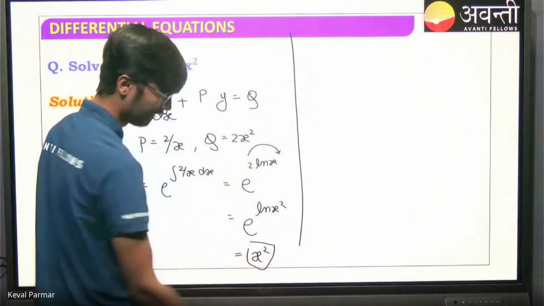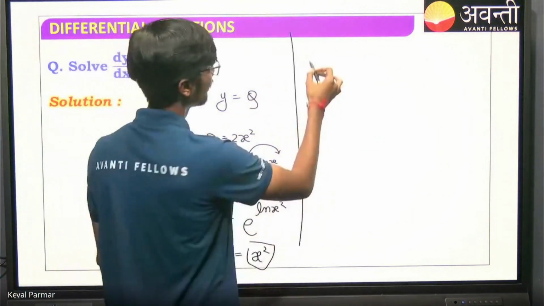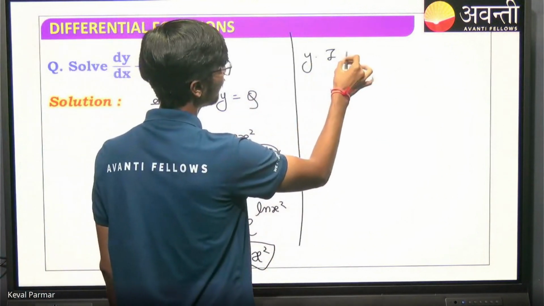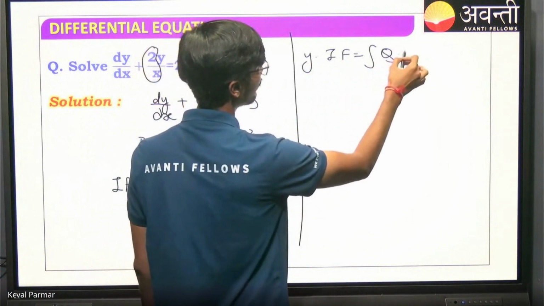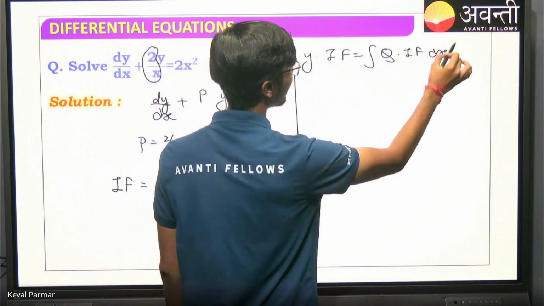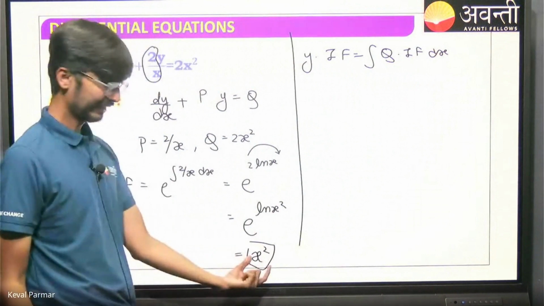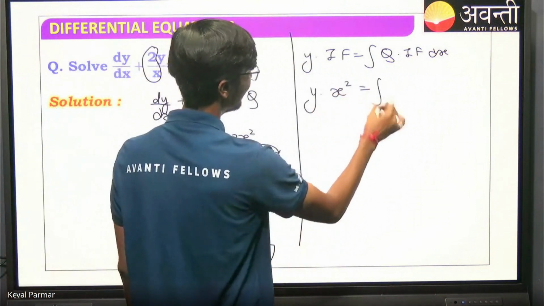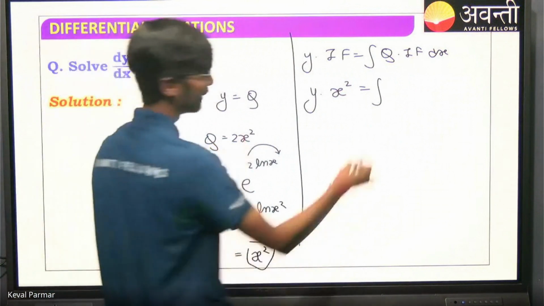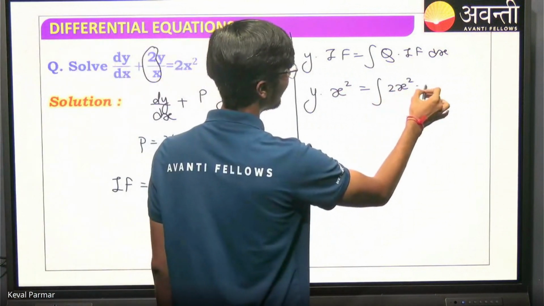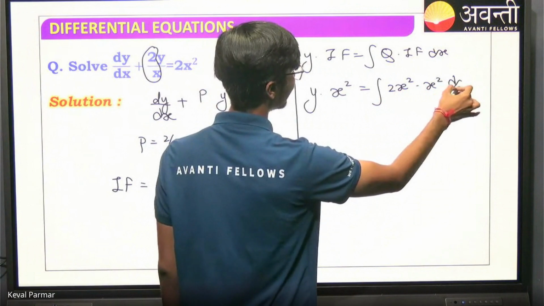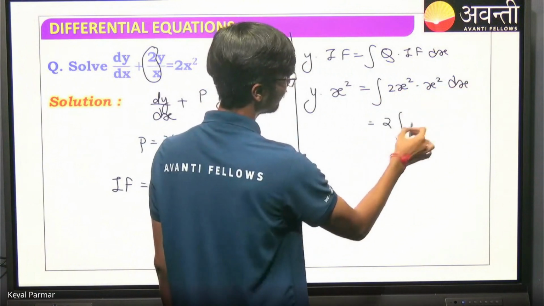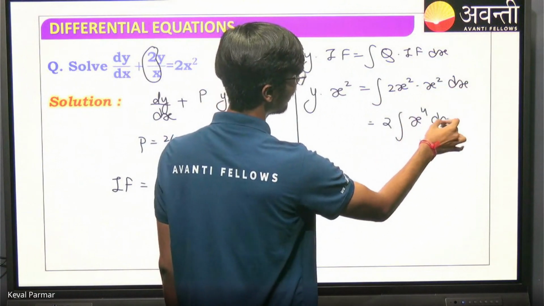Now what is the solution? The solution is y times the integrating factor equals ∫ q times the integrating factor dx. So this is my integrating factor x². So y x² equals ∫ 2x² · x² dx. This leaves us with ∫ 2x⁴ dx.